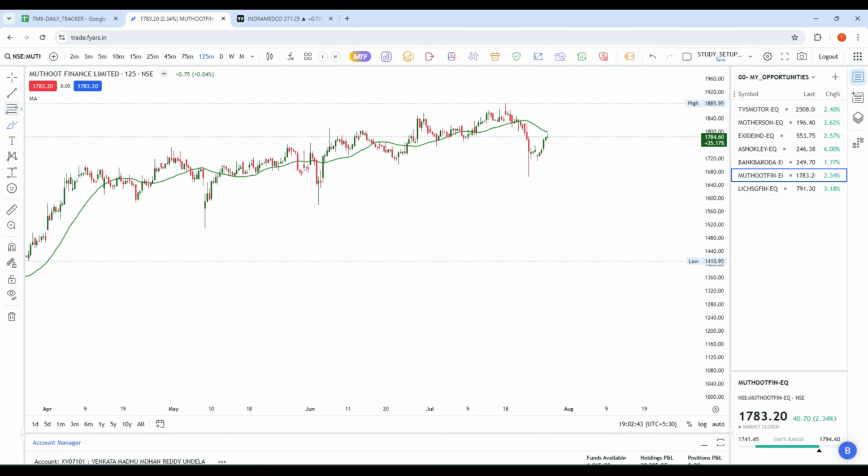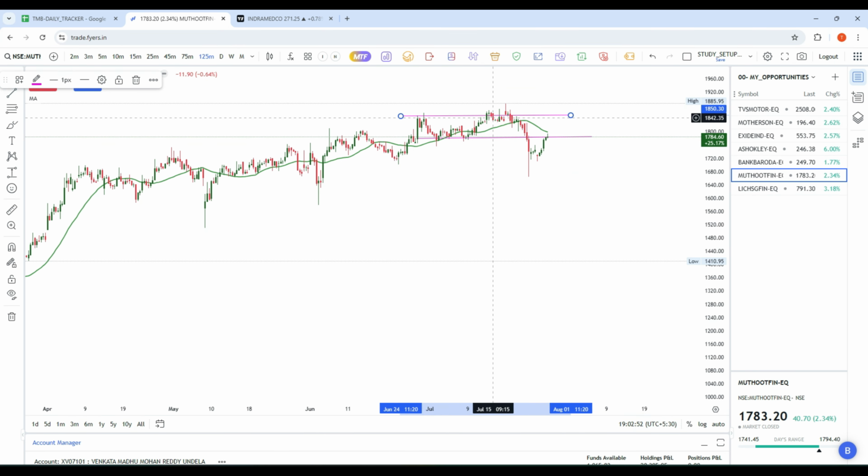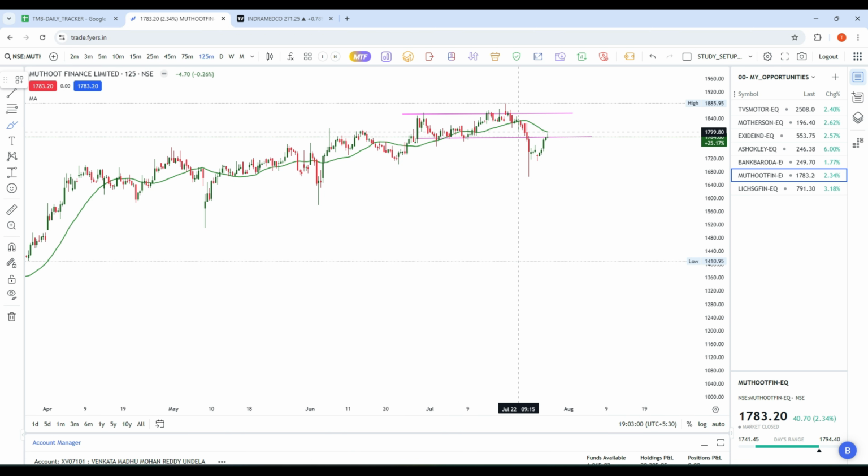If we draw the trend lines, in this region the fake out already happened and took the stop losses and came for this one. Now it is going to be the same behavior, okay. Once it reaches this region, there is a probability of falling, okay.